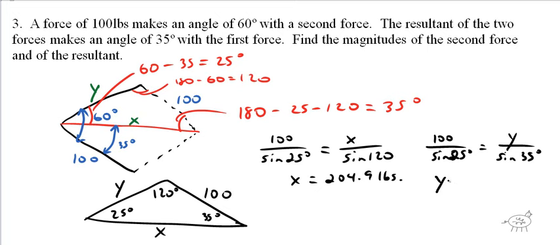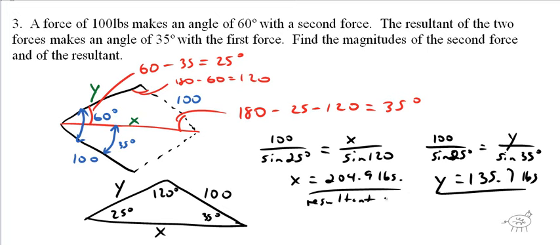So I cross multiply, and I get y is equal to 135.7 pounds. Okay, so of course x being our resultant, and y being your second force. Okay, not too bad. So just using law of sines for that one.